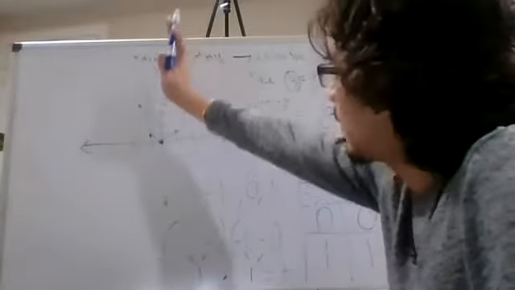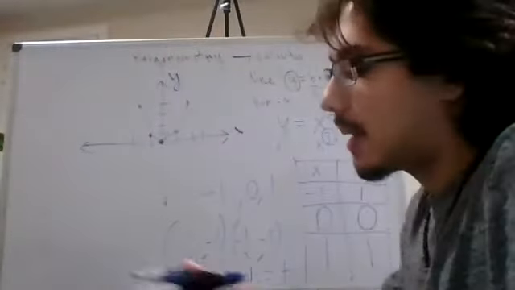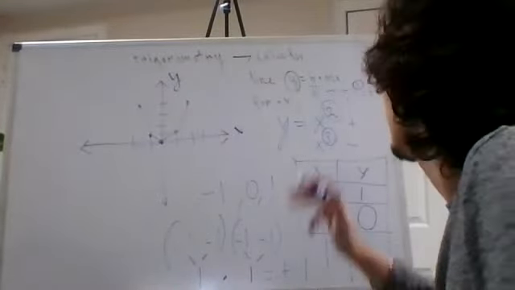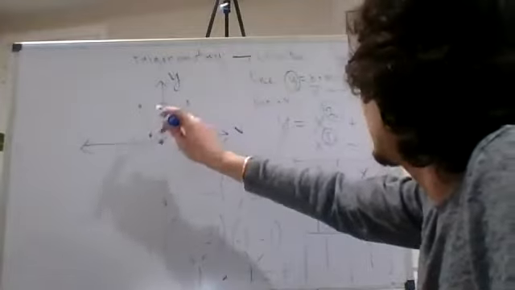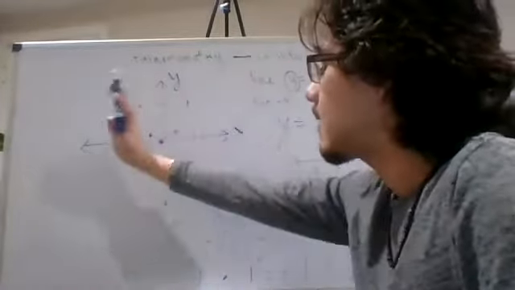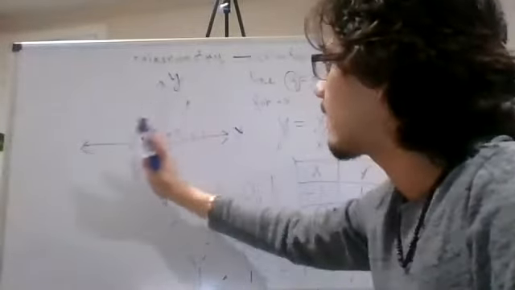What this means is that the way they reflect in the y-axis is that when the function has an even exponent, then it's equally mirrored on both the x and negative x side.